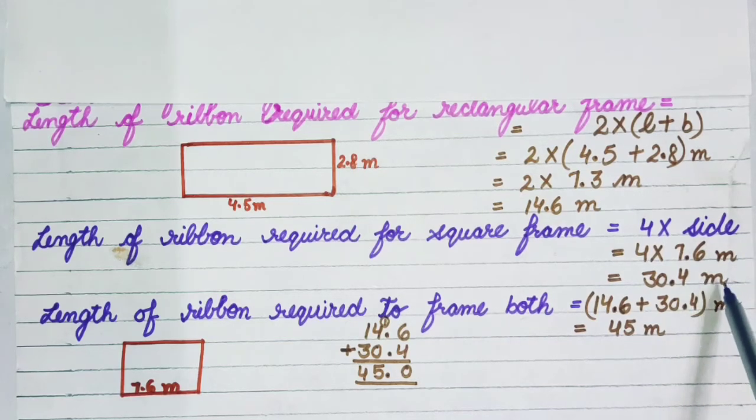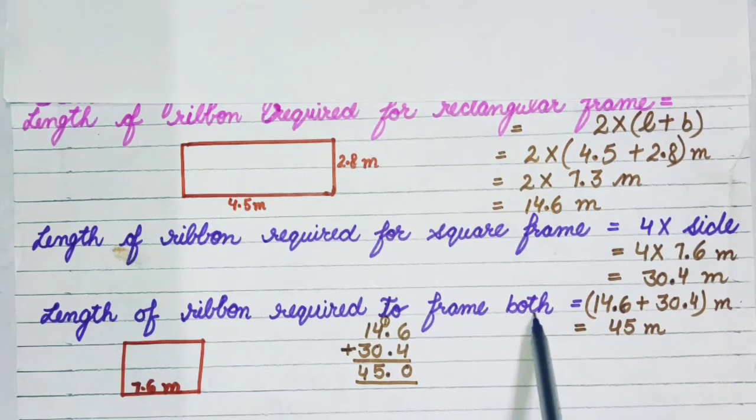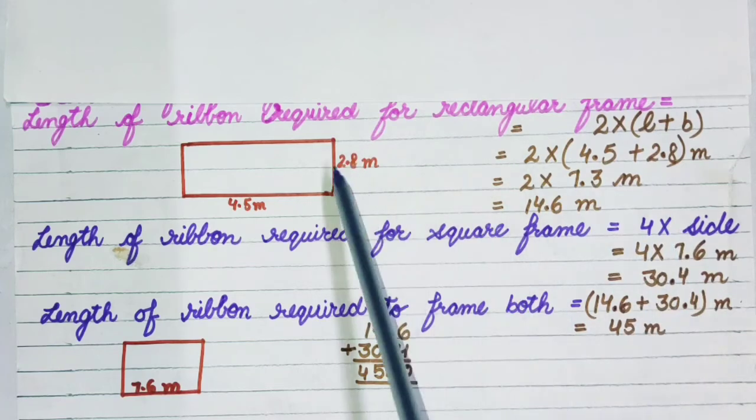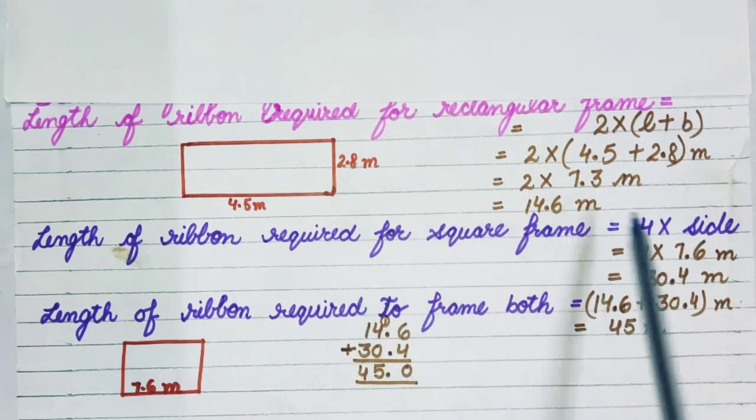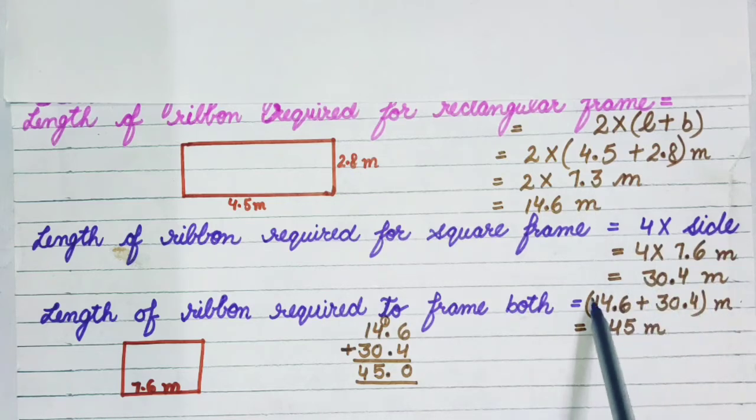Now students, just have a look at the question. The question is asking for the total ribbon required for both the frames. When both are being talked about, and we want the total length of ribbon, then we have to add the length of ribbon required for the rectangular frame plus the length of ribbon required for the square frame. So we will add both of them. And I told you when we are adding decimal numbers, we have to put point below point.